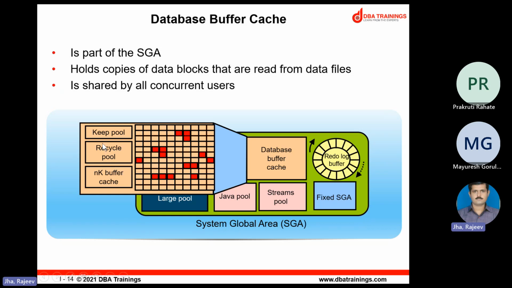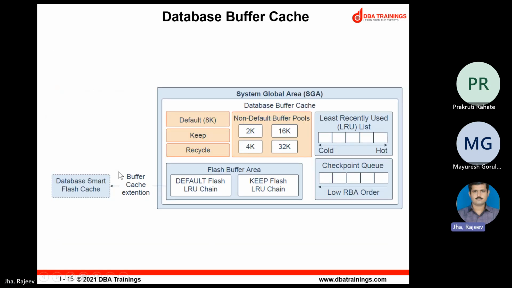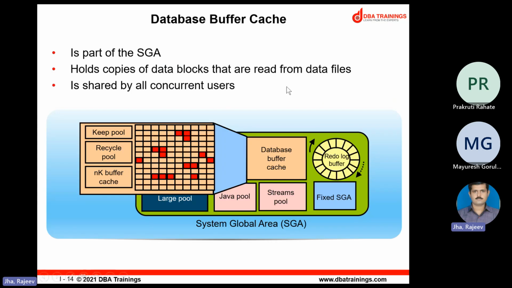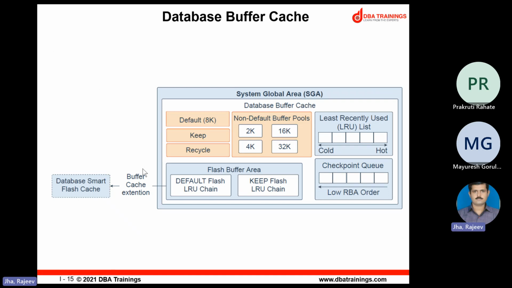Now let me talk about all the small components. For that I have created a diagram here. The first one is the default pool, which is the buffer cache. What do we mean by the default pool and why do we need it? In simple terms, the default pool is the location where blocks are normally cached.